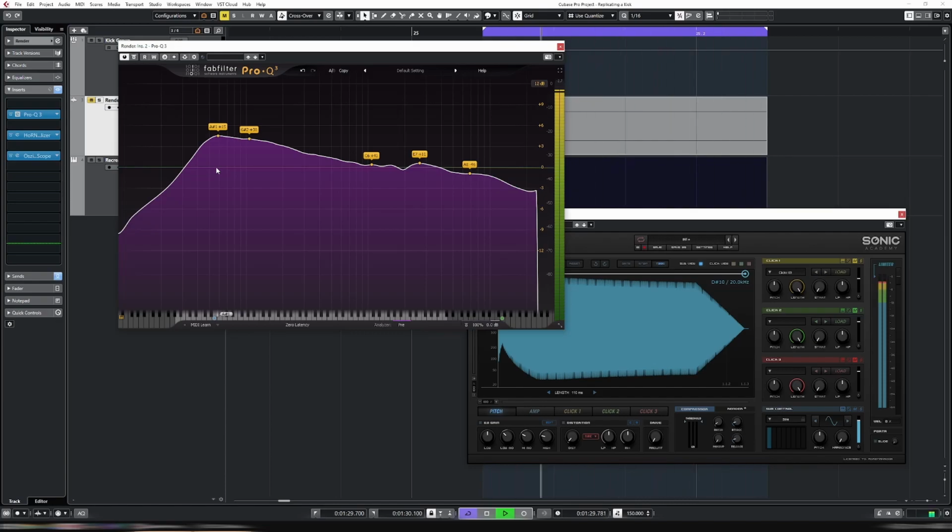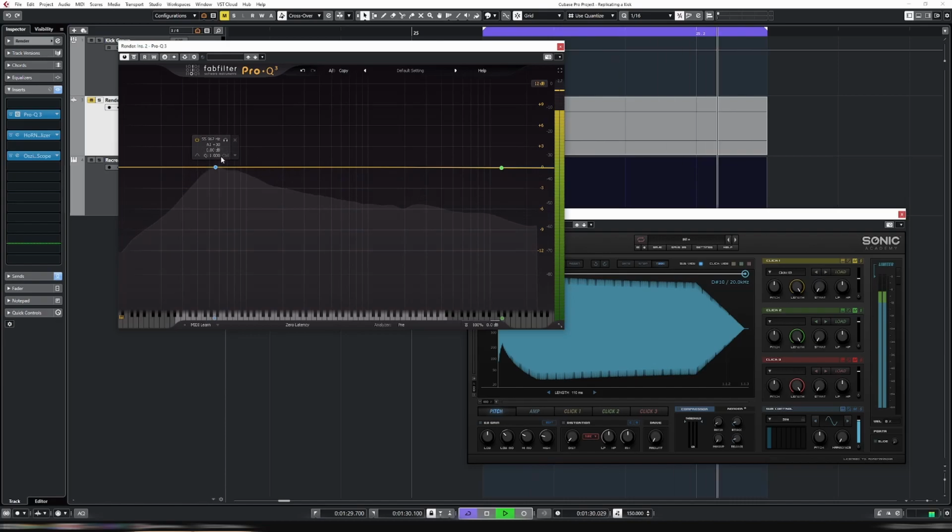That's the fundamental. And also here around 12,500 is where it really starts to tail off. So this is the start of the sine and then the sweep all the way down to the fundamental of A1. So we know that that's our window, if you like. That's our starting point and that's our end.